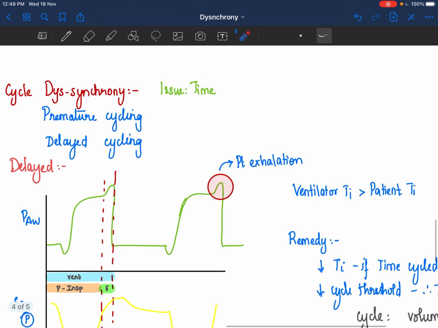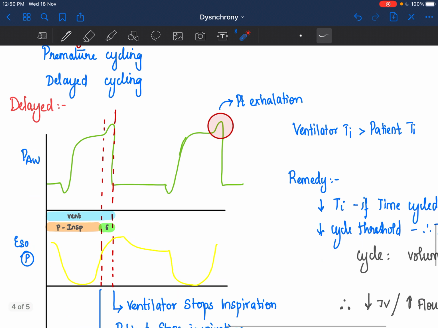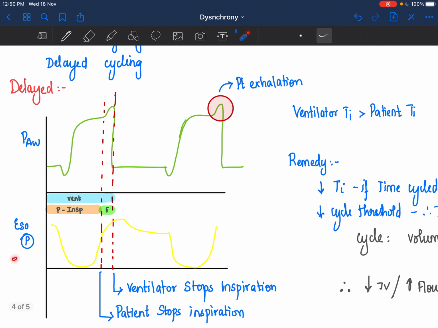Next, coming to cycle dyssynchrony. The usual issue in cycle dyssynchrony is time. Either it ends too early or ends too late. So let's see what is happening when there is a delayed cycling. Here you have your esophageal pressure indication, and here you have your airway pressure graphic.